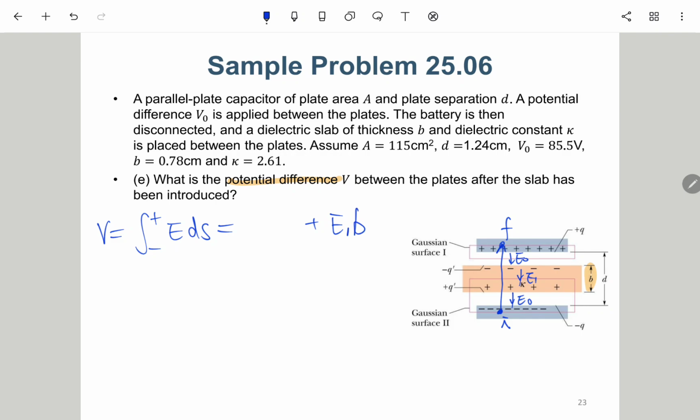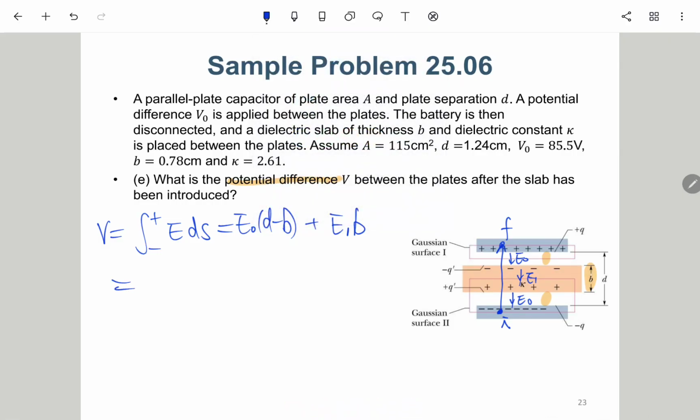And then for the outer part, between the slab and the plate, no matter how high the slab is, these two parts add up to be D minus B. We don't need to care about how high the slab is; E0 times D minus B is the total for the gap between the slab and the parallel plate.